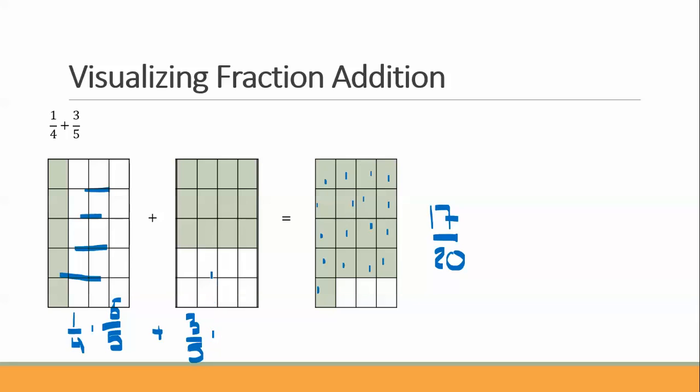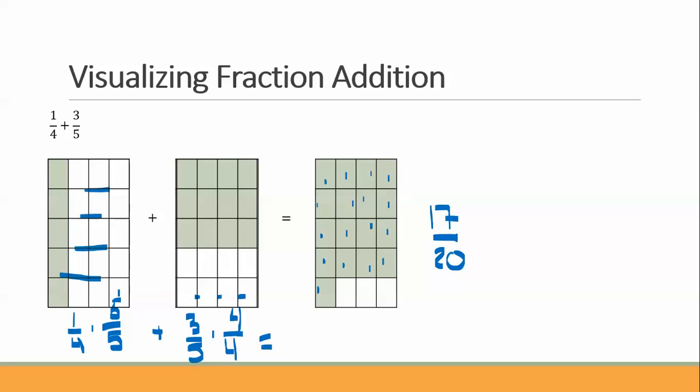The second fraction, we had 3/5, and we divided it into 4. Remember, we had 4 divisions. So we have 4/4. And remember, when we're finding equivalent fractions, we have to multiply numerator and denominator. So that equals this.